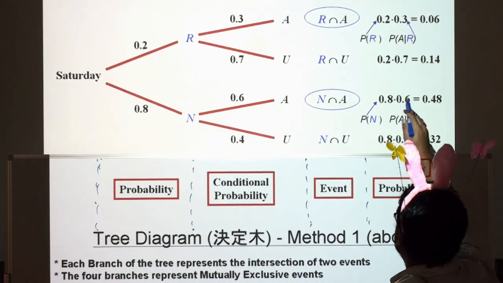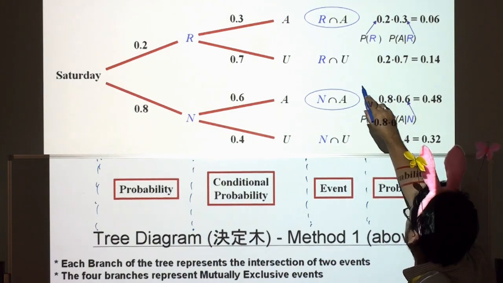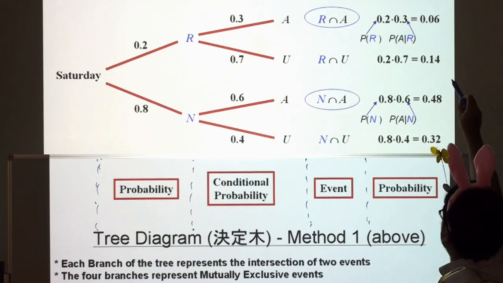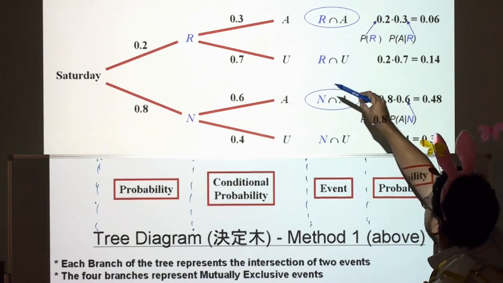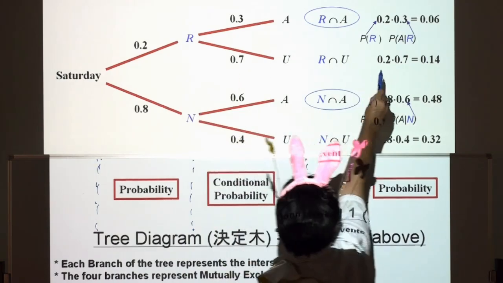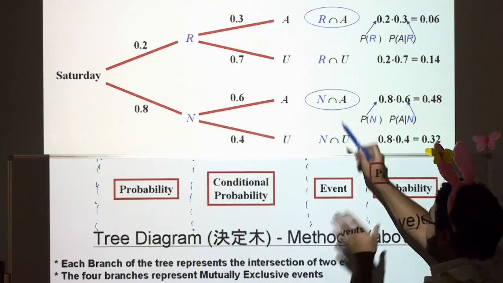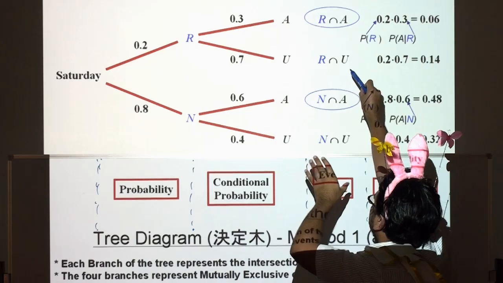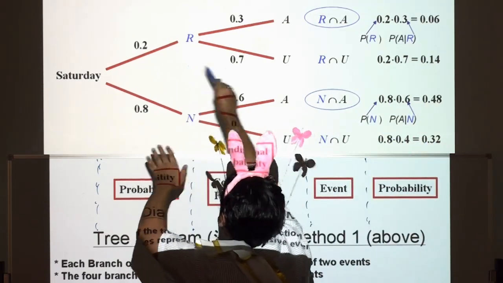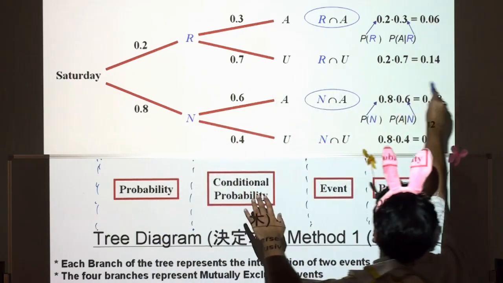Okay, so the first one, we have the probability of R, probability of success given rain. The total probability we have there for the success with rain is 0.06, 0.2 multiplied by 0.3. Now, given rain, our probability of being unsuccessful is the probability of rain, 0.2, then you multiply it by this 0.7 here.